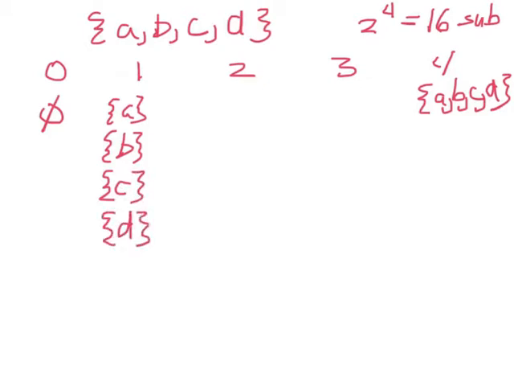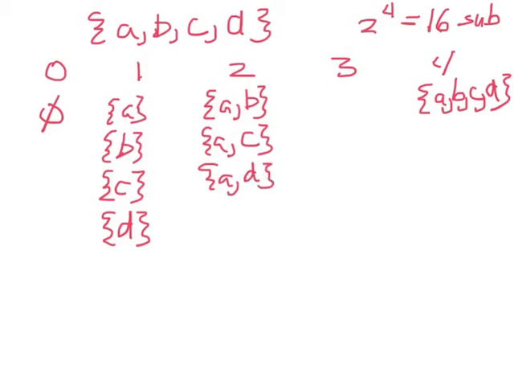And that seems to work out pretty easily. And then now I want to do it 2 at a time. So the best way to do this is to start with A and then attach everything in the set that can go with A. And now you see A is attached with B, C, and D, and there's 3 subsets.